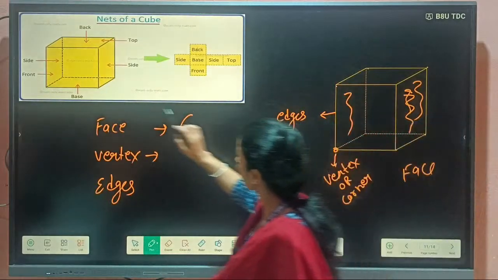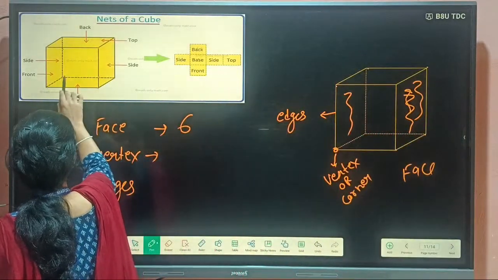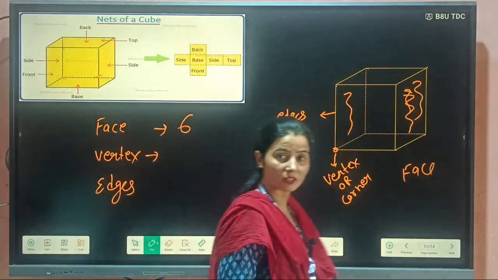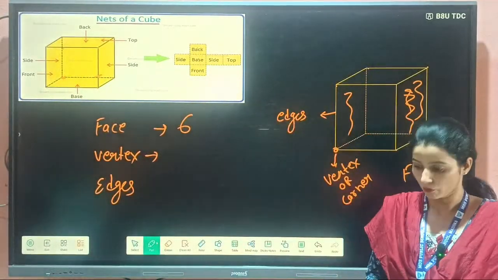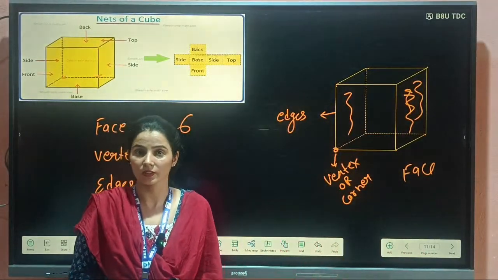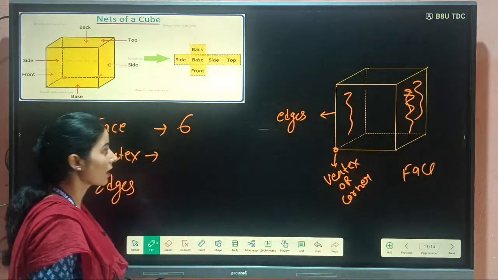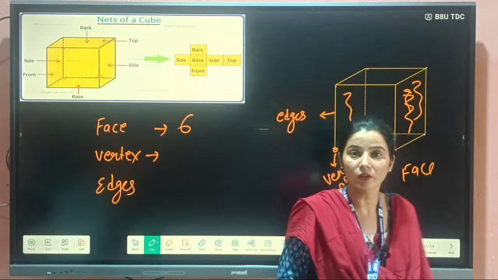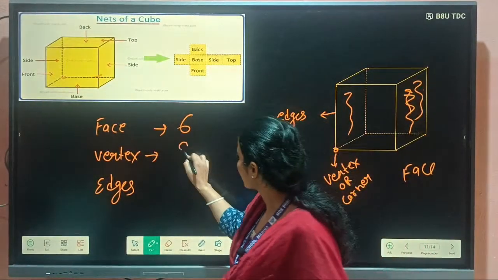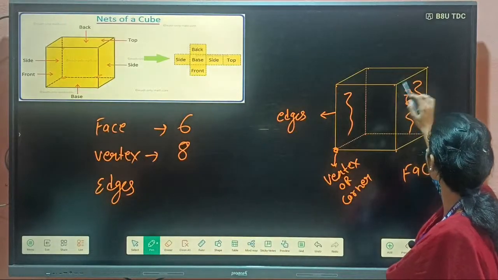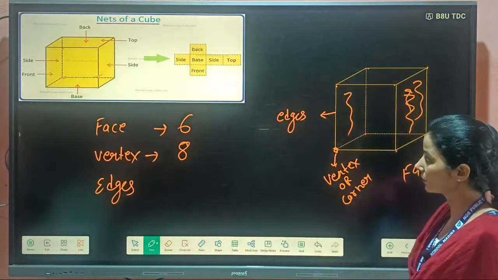These others are not vertices. How many vertices are there? 8 vertices. Check in the room in which you are sitting: how many corners are there? You will see there are 8 corners in that room, if it is in the shape of a cuboid or cube.